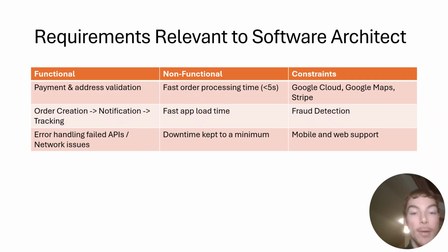And lastly, we have constraints. The system must use Google Maps, Google Cloud Platform, and Stripe, as we mentioned earlier. But then you're relying on external sources. You also need to detect any fraud, and you need to account for both mobile use and web use.